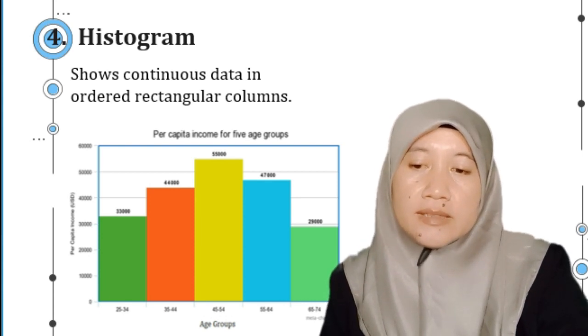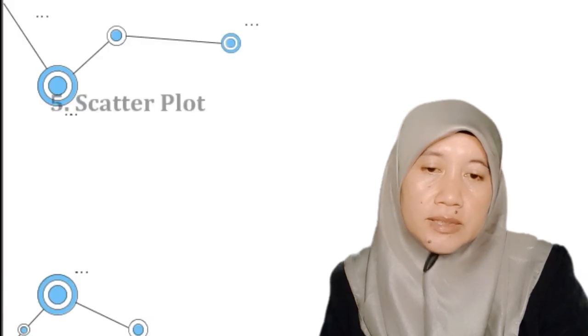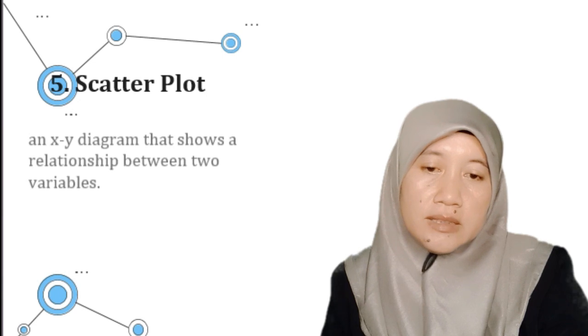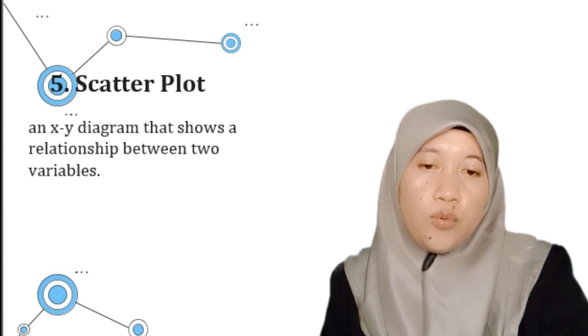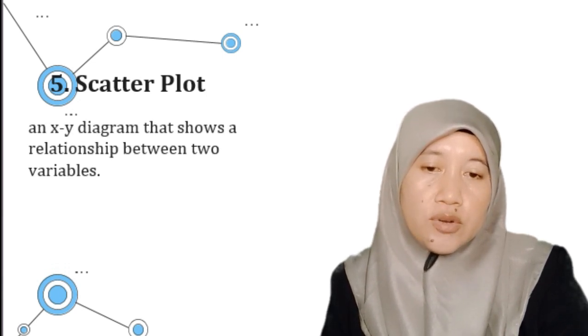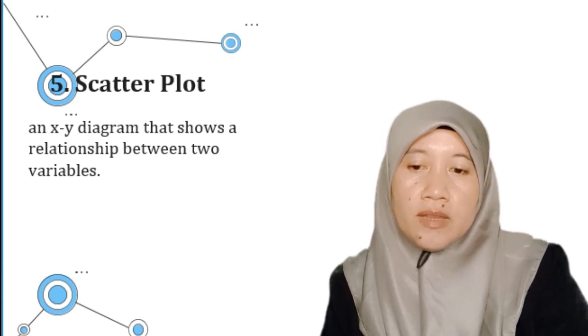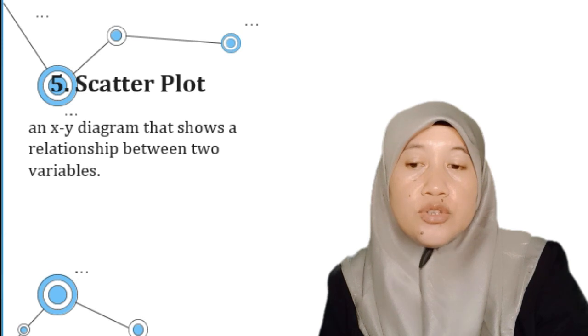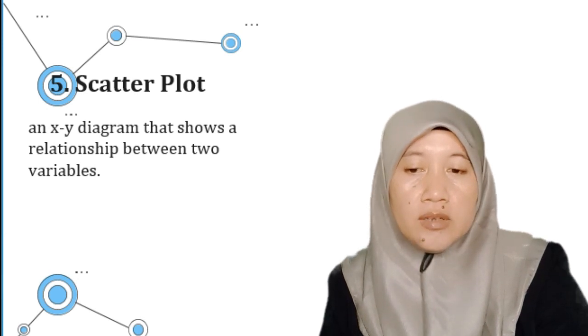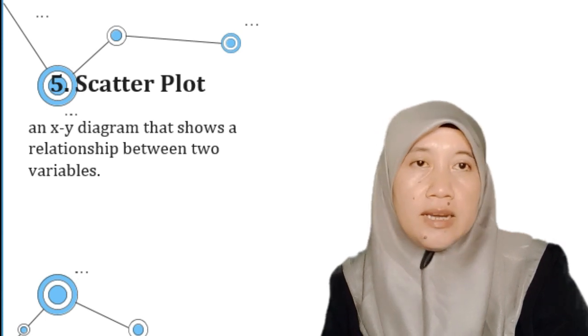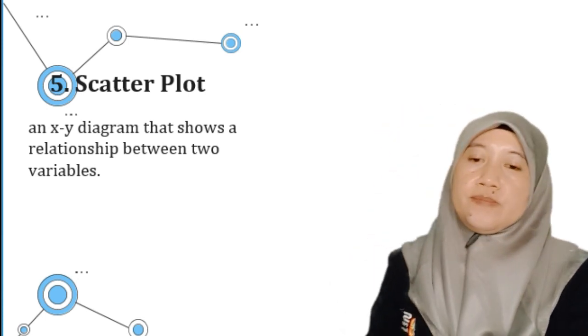And then next, the fifth, the scatter plot. Here an X and Y diagram shows a relationship between 2 variables. It means it is used to plot data points on both the horizontal x-axis and the vertical y-axis.